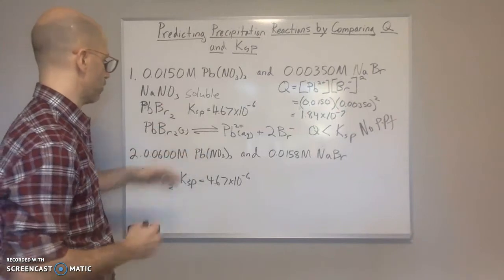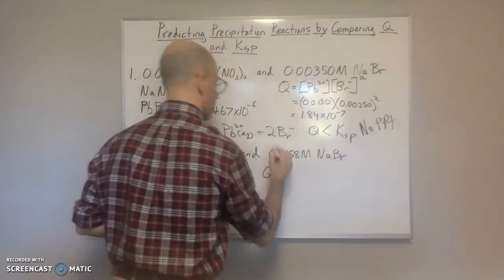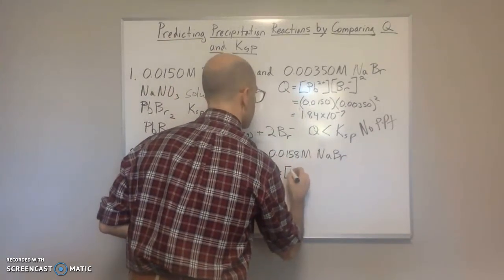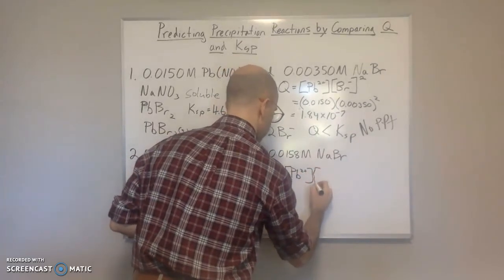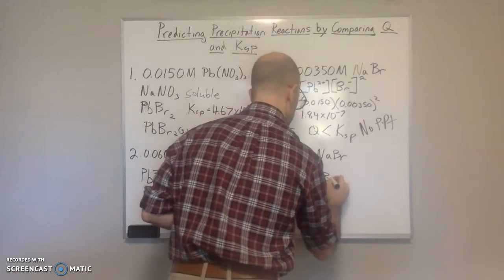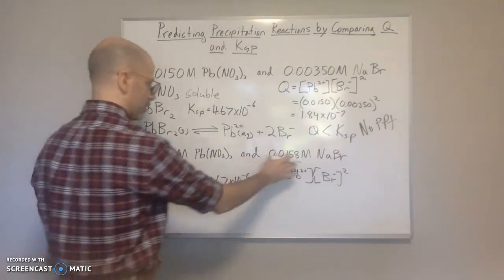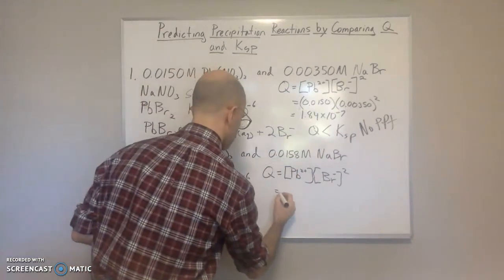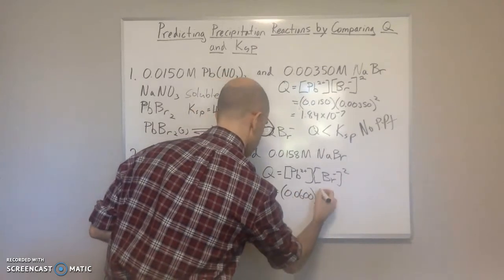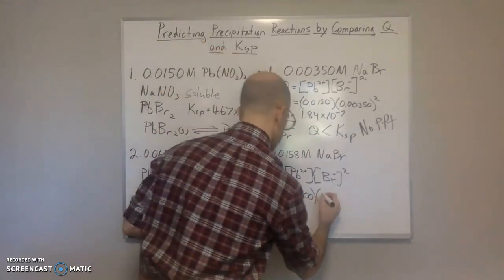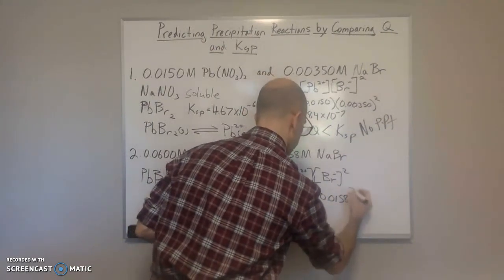And so we're going to figure out Q this time. Q again is the same expression: the lead(II) ion concentration multiplied by the Br minus concentration squared. Now we plug in these values, so that's 0.0600 multiplied by 0.0158 squared.